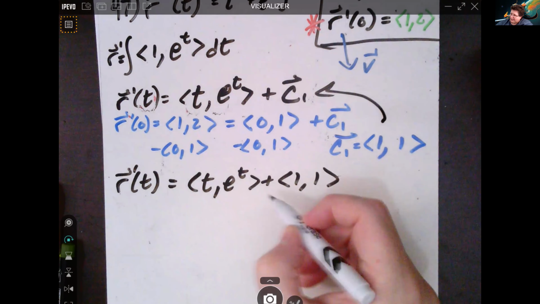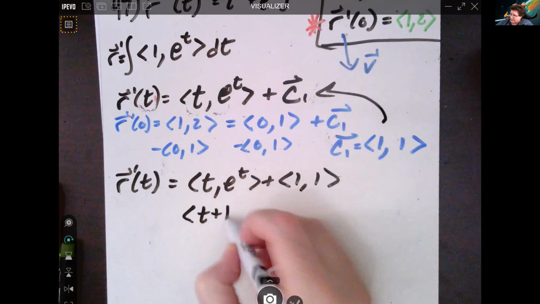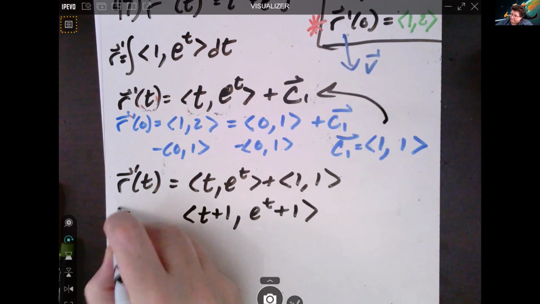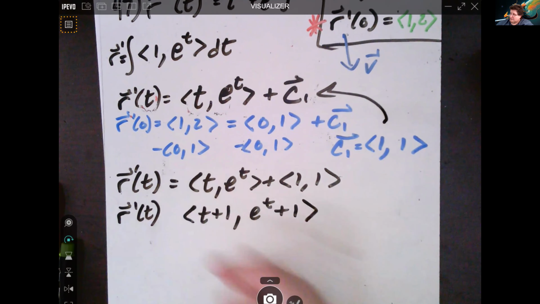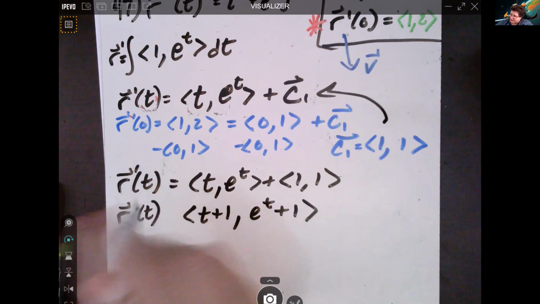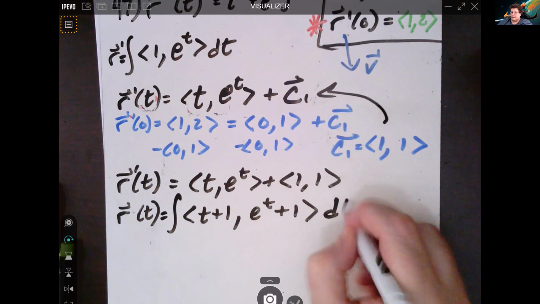We could integrate it like this, or we can combine it. We can do t plus 1, e to the t plus 1. The results will be the same. So let's integrate that. I'm going to change that to just regular R. This will be the integral with dt.